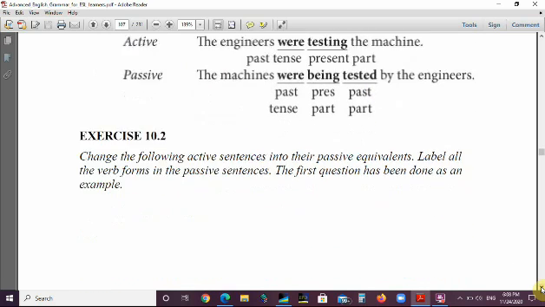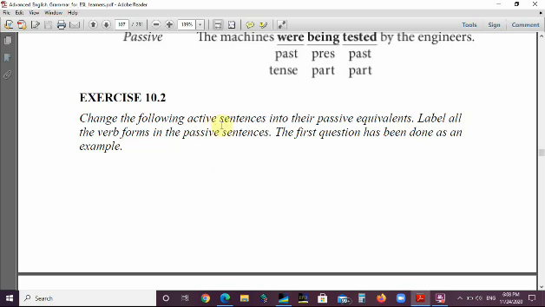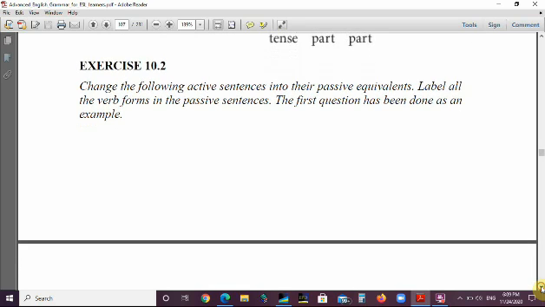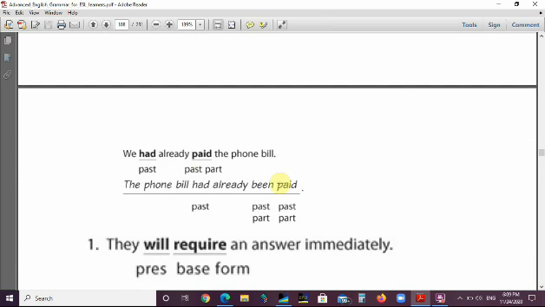Exercise 2. Change the following active sentences into their passive equivalents. So we have some active sentences, change them into passive, and then label all the verb forms in the passive sentences. The first question has been done as an example. Let's see. We had already paid the phone bill.